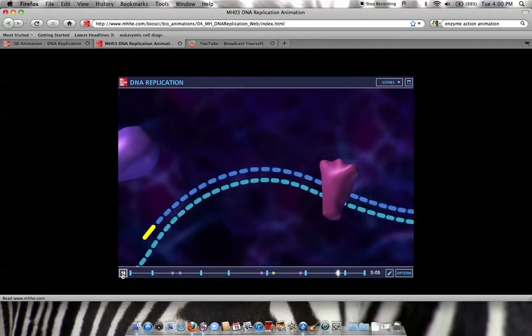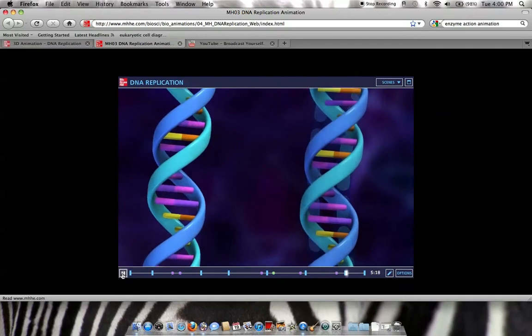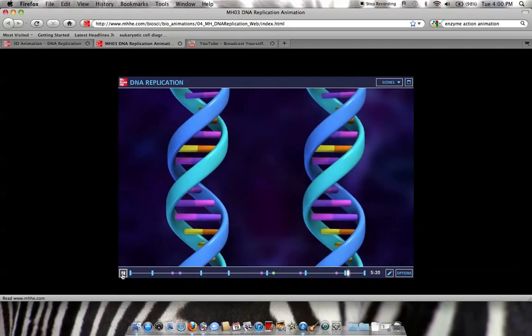DNA polymerase I replaces the RNA primers with DNA nucleotides, and DNA ligase is used to ensure bonding between the fragments and the replaced nucleotides. Once both the leading and lagging strands have completed their replication, 2 identical copies of the DNA molecule result.